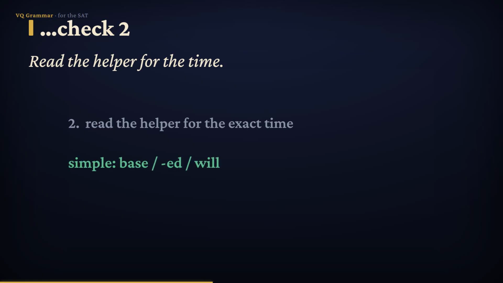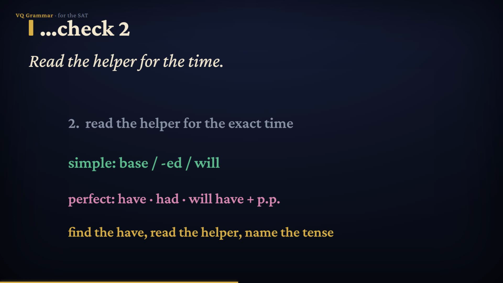The base form, the ed past, or will for future. For the perfect tenses, the form of have shows it. Have for present, had for past, will have for future. Find the have, read the helper, and the tense names itself.